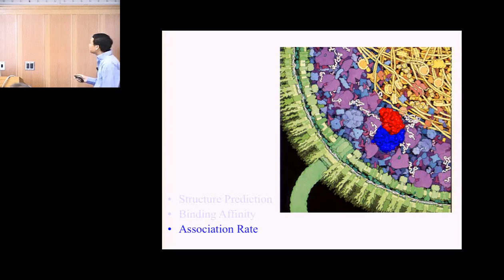And so the question is, does this crowding environment affect the biophysical properties of protein association, structure, equilibrium, and kinetic properties? I hope to have some time to tell you some of our recent work in this context.